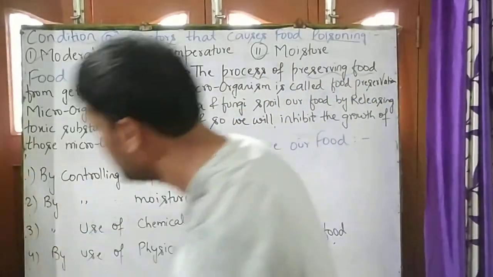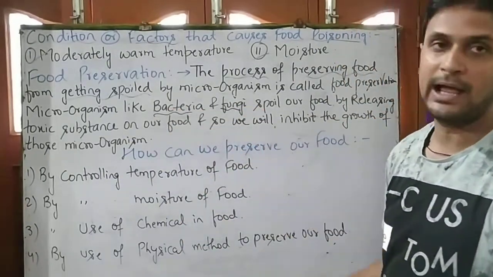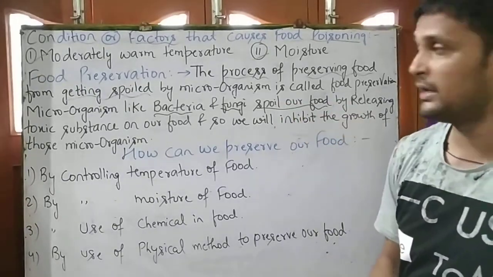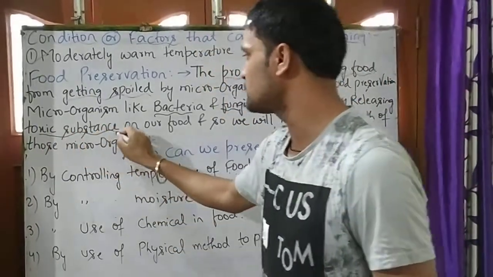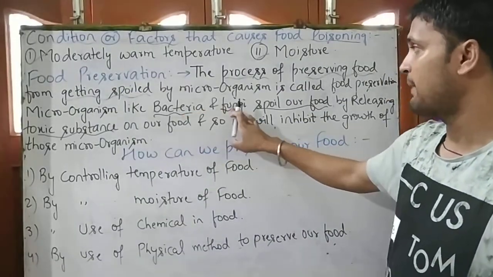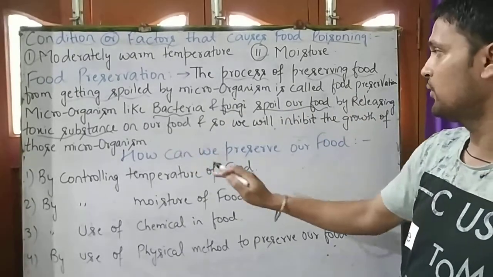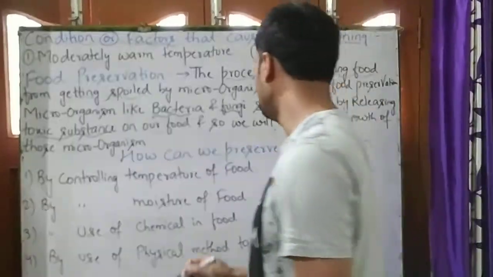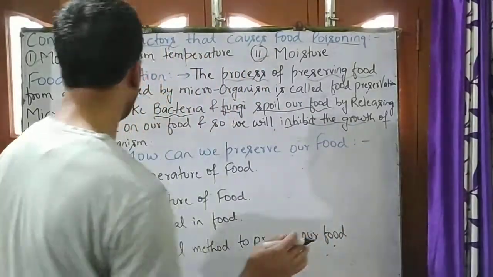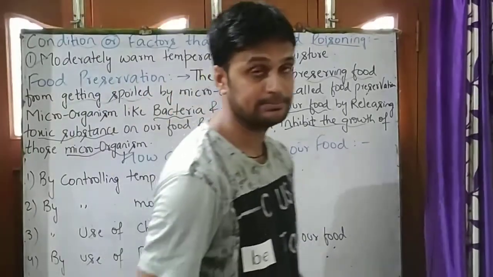Microorganisms like bacteria and fungi spoil our food by releasing toxic substances on it. So we inhibit, that is, we stop the growth of such microorganisms, bacteria and fungi.